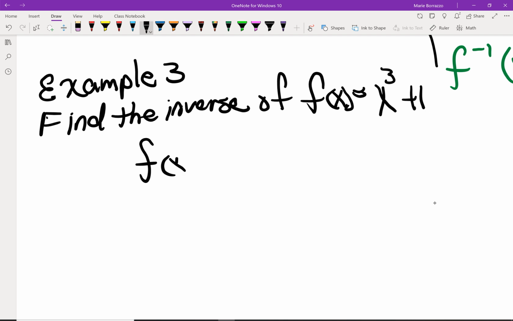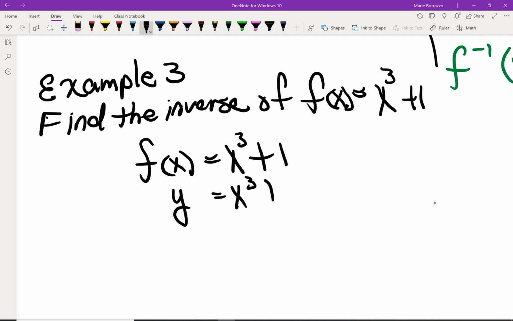Here's f of x. It's equal to x cubed plus 1. Step 1, y equals x cubed plus 1. Next step, swap them. So x equals y cubed plus 1.